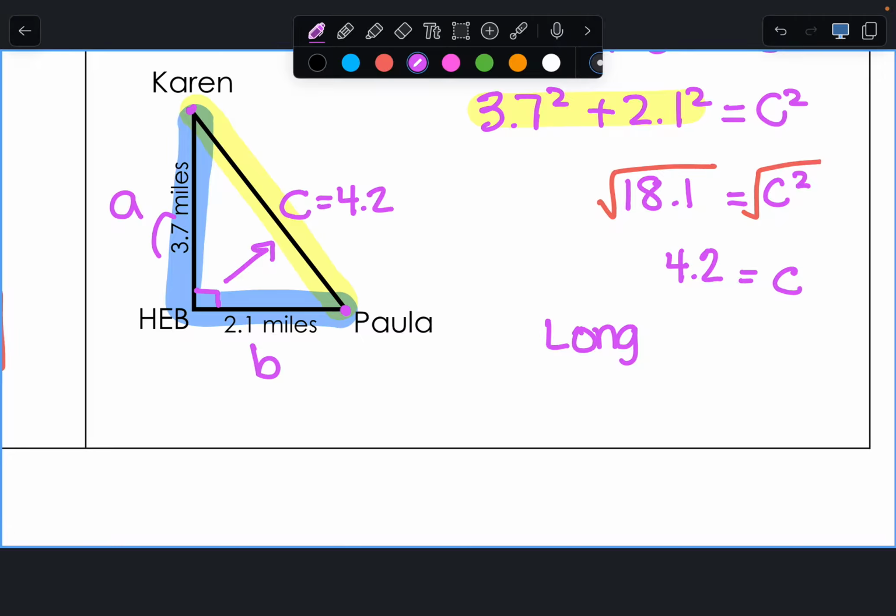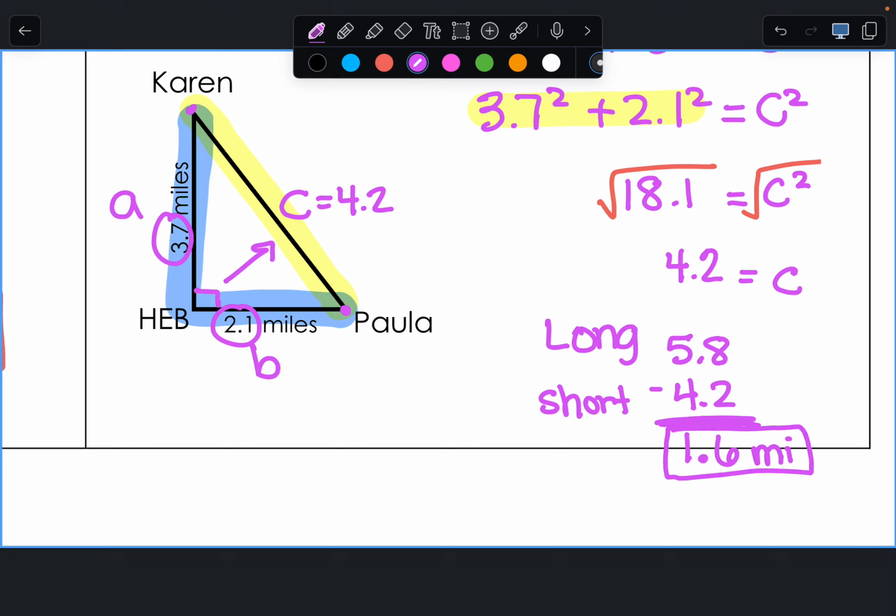So add up 3.7 plus 2.1. 5.8. And then the short way was 4.2. So going the short way, she saved how many miles? 1.6 miles.